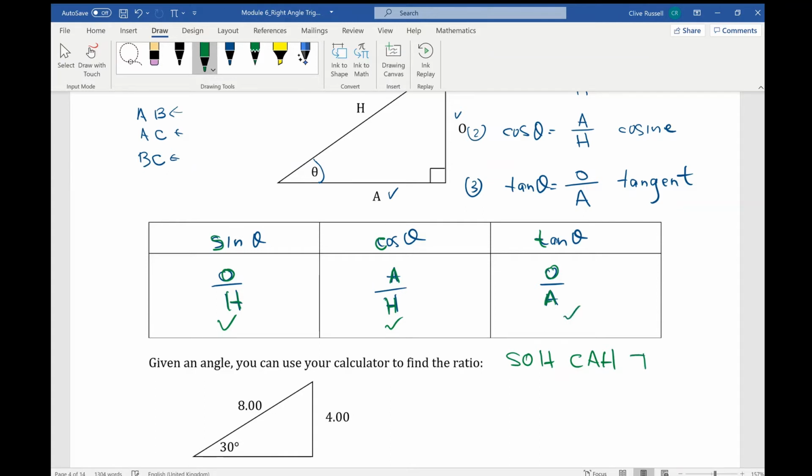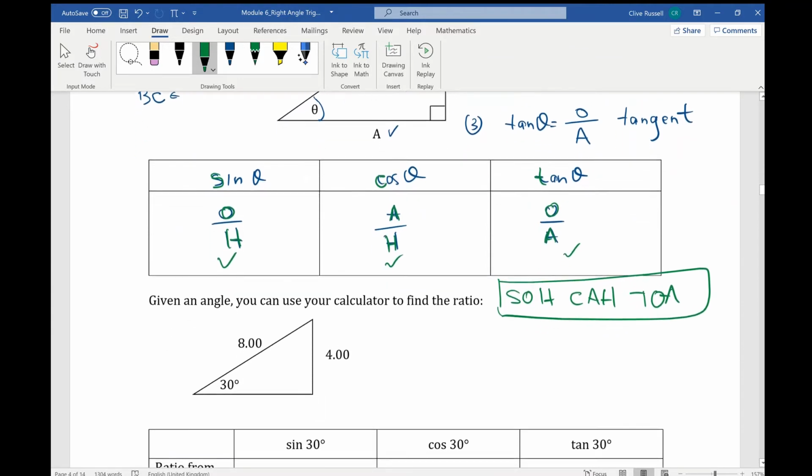And you've probably seen this before, SOHCAHTOA. That's a memory aid to remember what sine, cosine, and tangent are. All right?